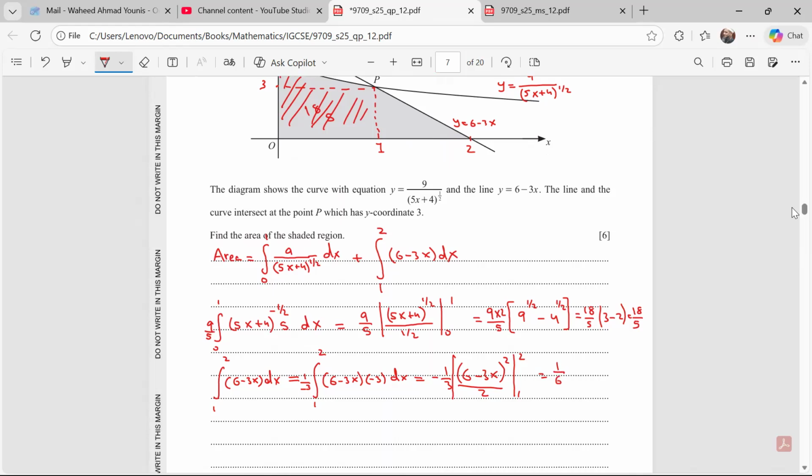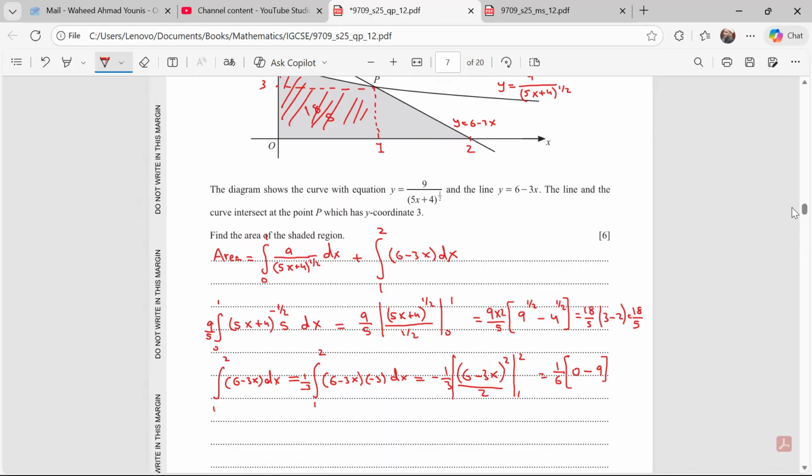I take 2 outside. And now when I put the upper limit, okay, so the upper limit is 2, 3 times 2 is 6. 6 minus 6 is 0. So it will become 0 here. Minus, when I put the lower limit, so 3 ones are 3, 6 minus 3 is 3, 3 squared is 9.